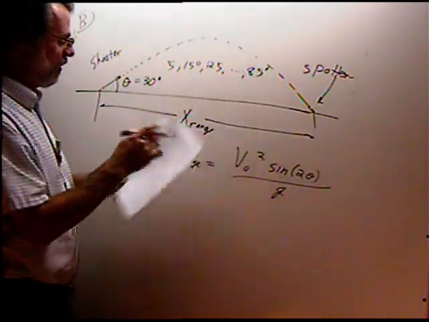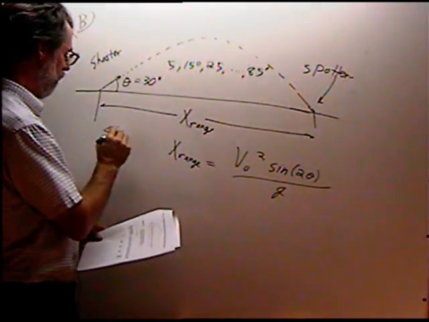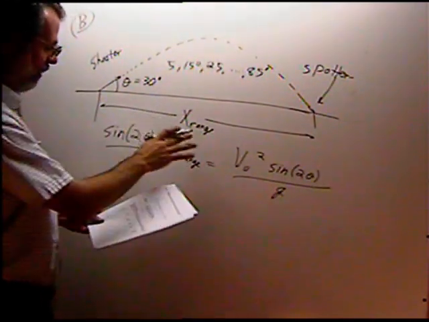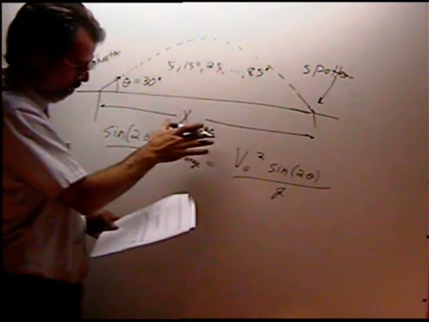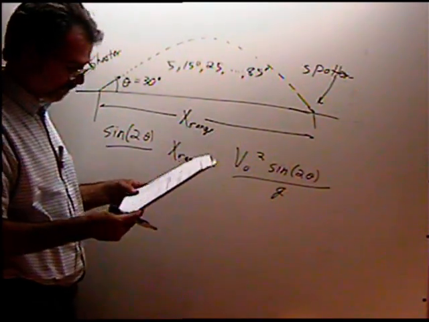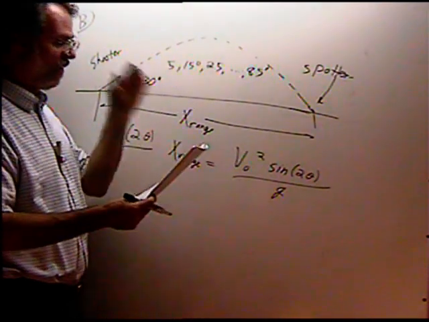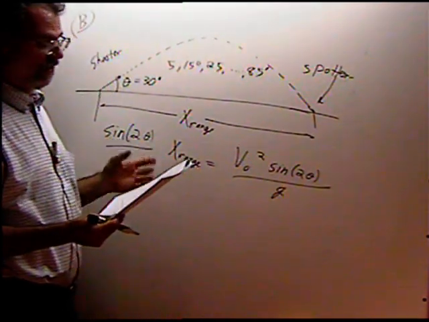You have the angle, you calculate the sine of twice that angle, and then you measure your ranges. You take the average, and then on part 5 is where you have your analysis.